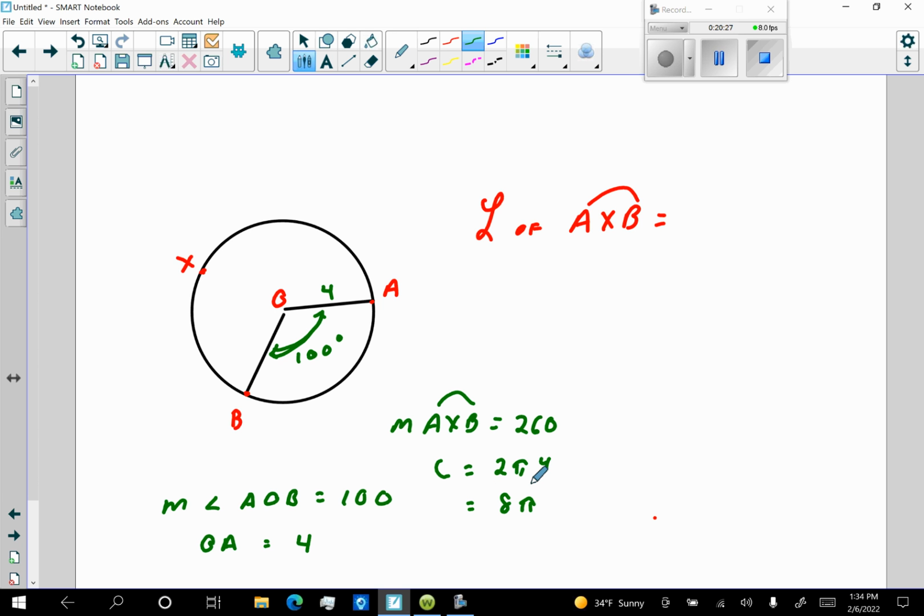We've used an 8 pi before. So what do we know? We know the length of AXB is going to be 260 divided by 360 times 8 pi. We know that's going to be 26 divided by 36.